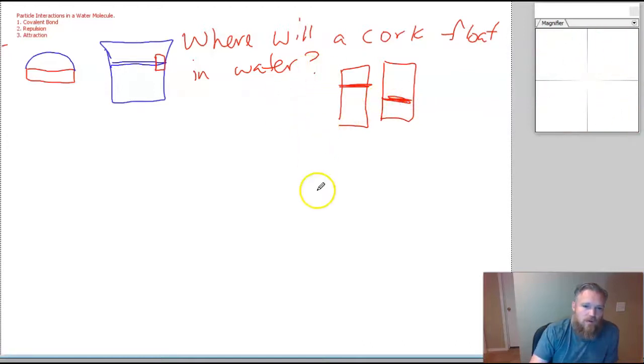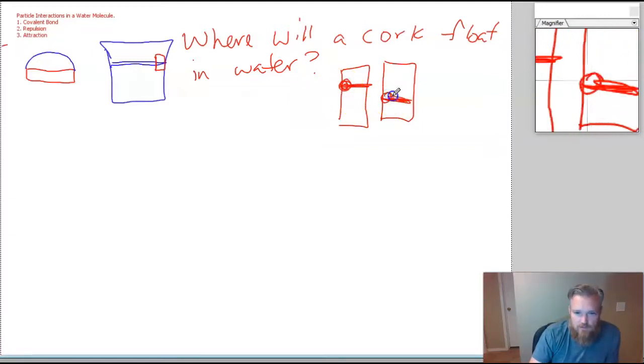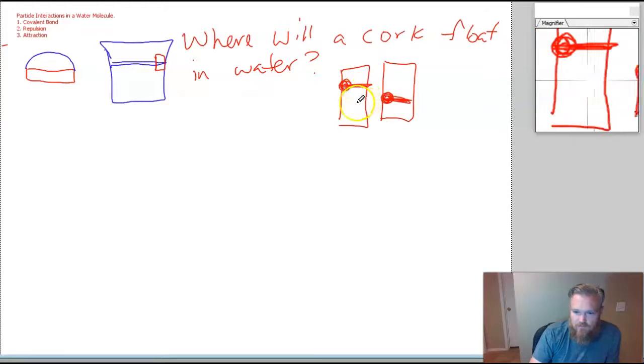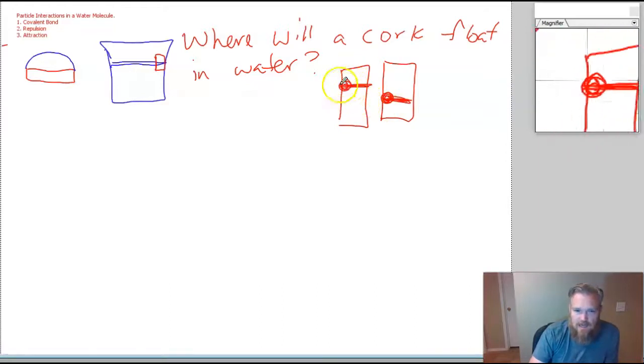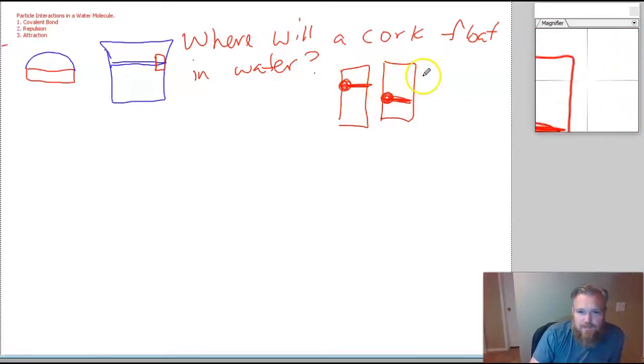So where will the cork float in water? This isn't a trick question. You would answer that the cork would float here in this one, and it would float here in this one. So this one compared to this one, where is the cork floating? It's floating at a higher point. So the cork is also always going to float at the highest point.